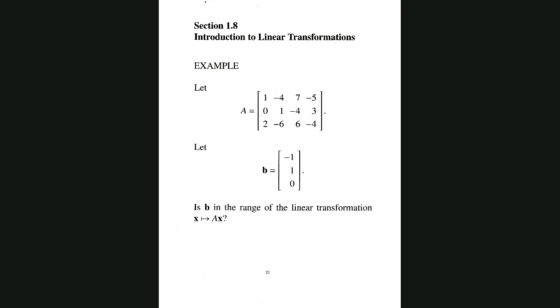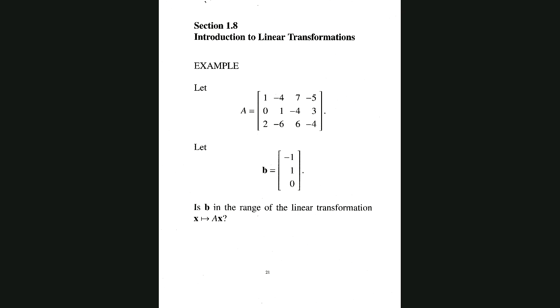So span would imply a linear combination of the column vectors of A. Good. So what we have to do is see if there's some vector x such that when we multiply A times x, it equals B. That's what we have to do.